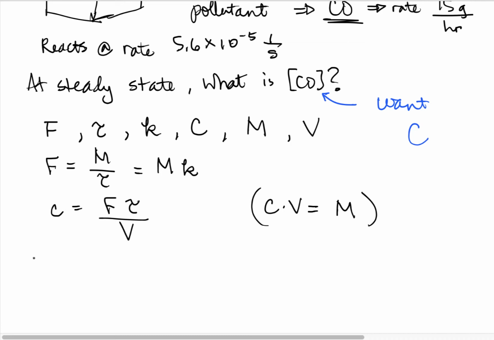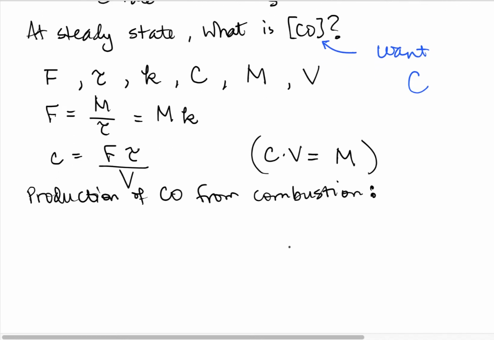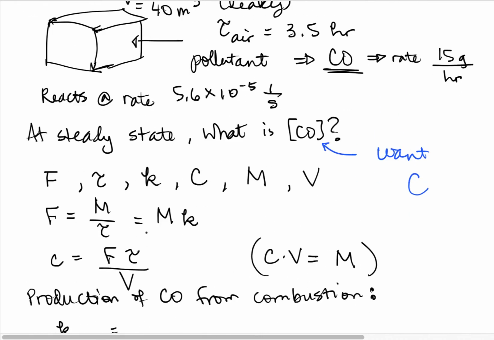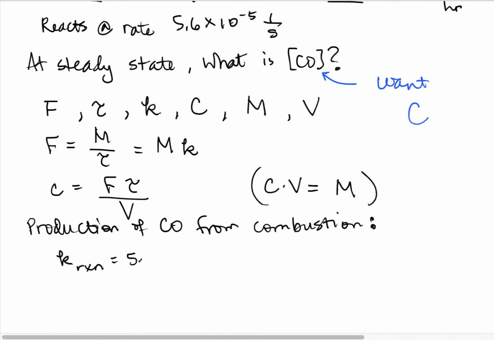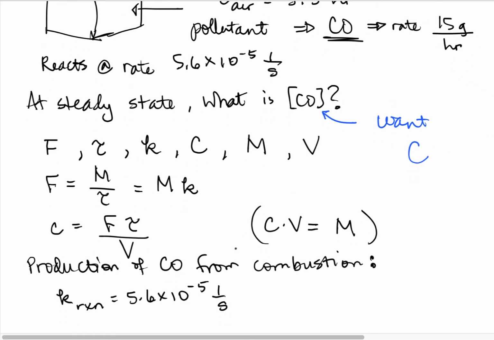If we think about the production of the carbon monoxide from combustion, then we can think about that reaction, which has a rate constant, which we said was 5.6 times 10 to the minus 5 per second. And if we think about our other rate, it's in hours, so maybe let's go ahead and convert those.